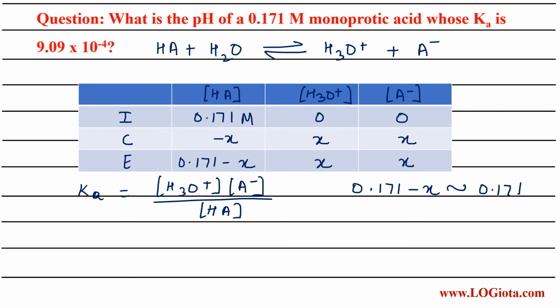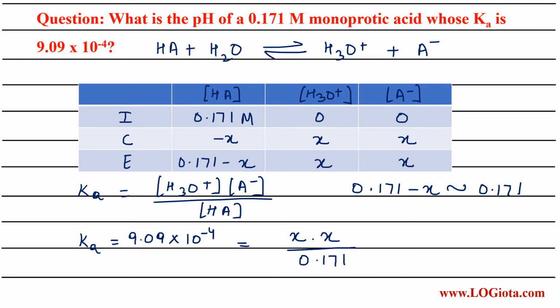Because there is negligible dissociation. So in this equation we will write Ka is equal to 9.09 multiplied by 10 to the power minus 4 is equal to H3O positive is x, A negative is x upon HA is 0.171.